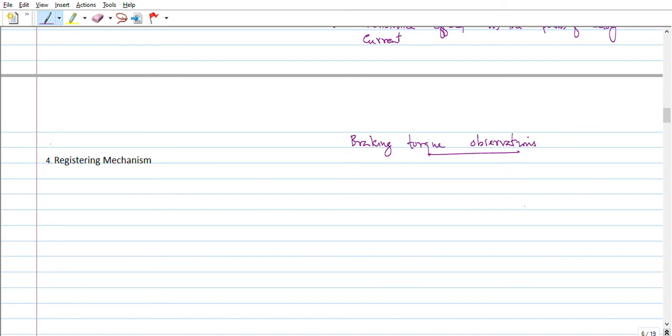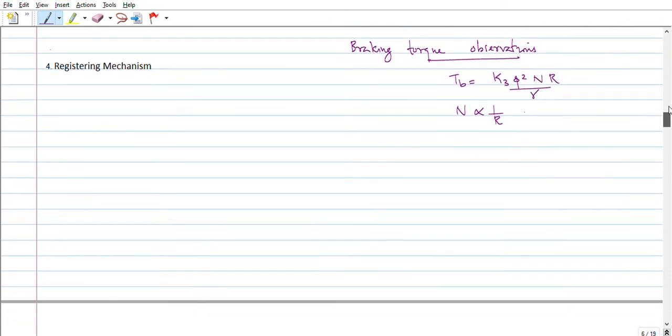The equation for the braking torque TB is equal to K3 phi square N into capital R divided by small r. That means what can we say? N is proportional to 1 by r. That is, the speed is proportional to 1 by r.